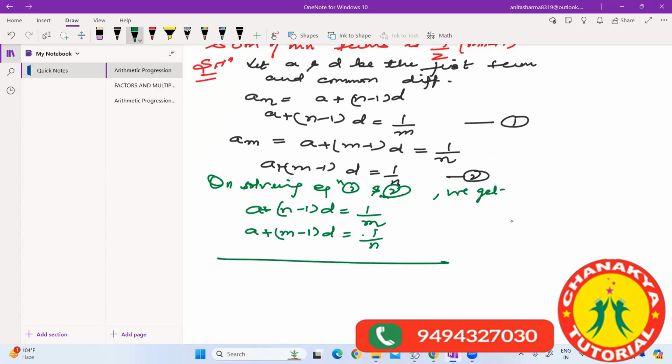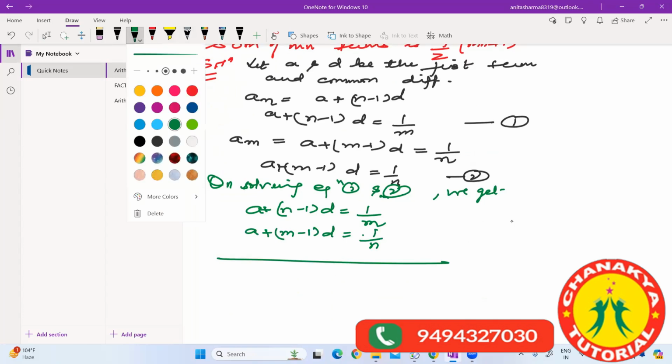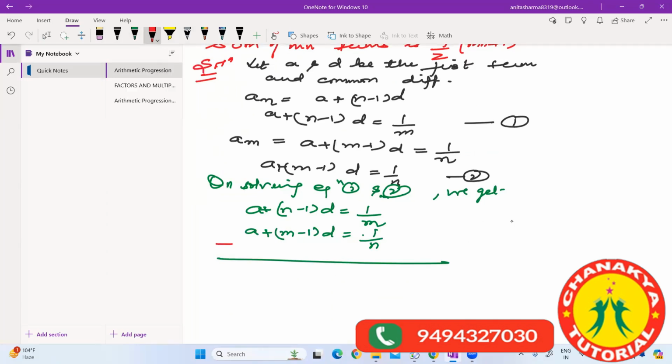Now subtract them, beta. A minus A is 0. So you can write n minus 1 minus m plus 1 into D is equal to 1 upon m minus 1 upon n.